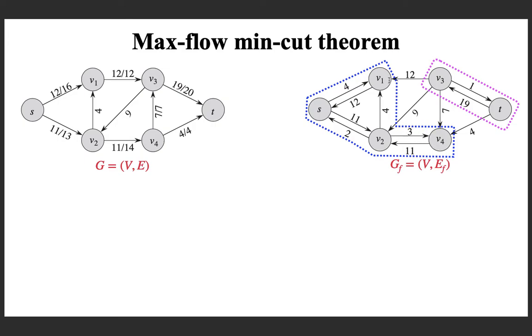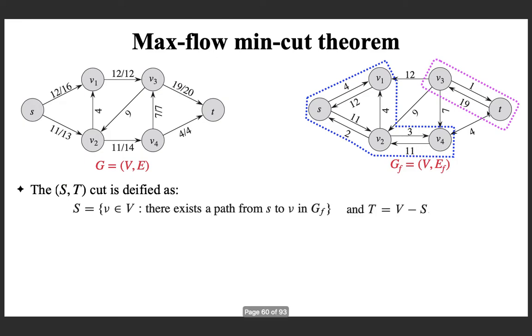The set of all vertices to which there is a path from the source. To V1 there is a path, to V2 there is a path, to V4 there is a path. And you can see that there is no path reaching V3 or T. So, this is the set S and the remaining forms the set T. So, definitely an ST cut, and this is how you define it.